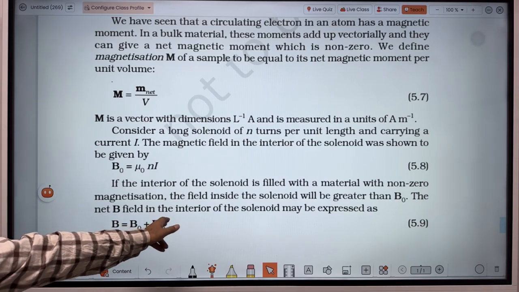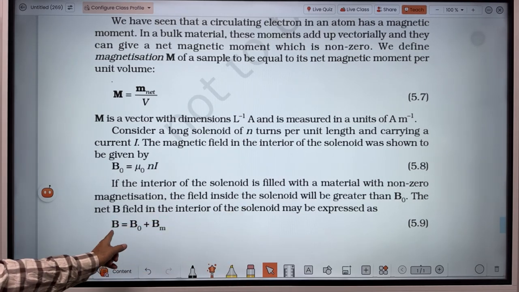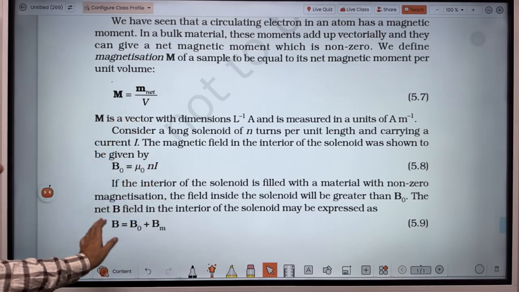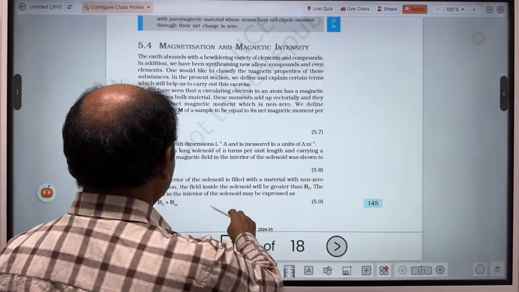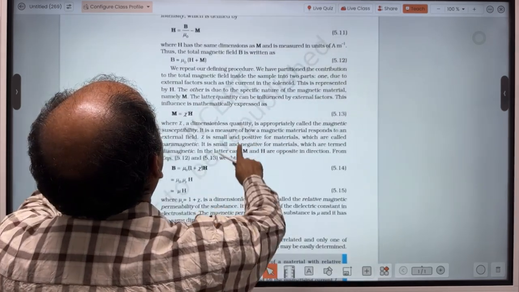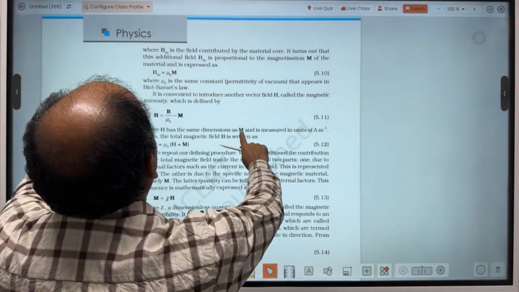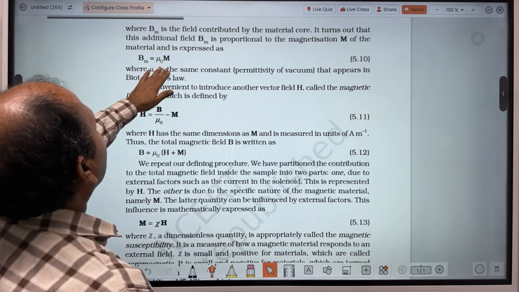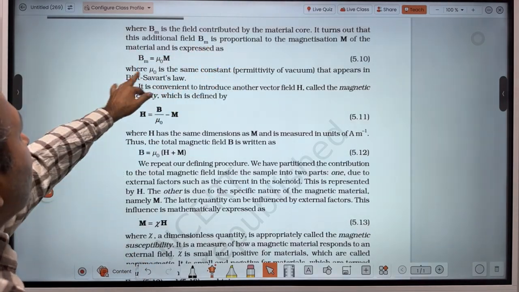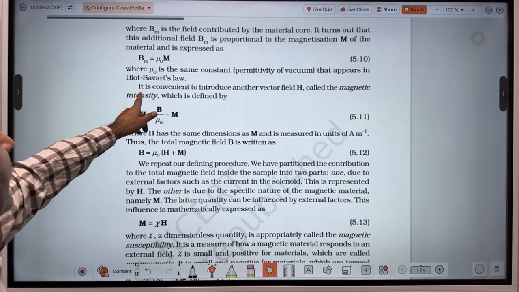The net B field in the interior of the solenoid may be expressed as B0 plus, due to this magnetization, Bm, and we can find the expression for it. Bm equal to mu naught M. So Bm is proportional to the magnetization M. So we can get the result, right?